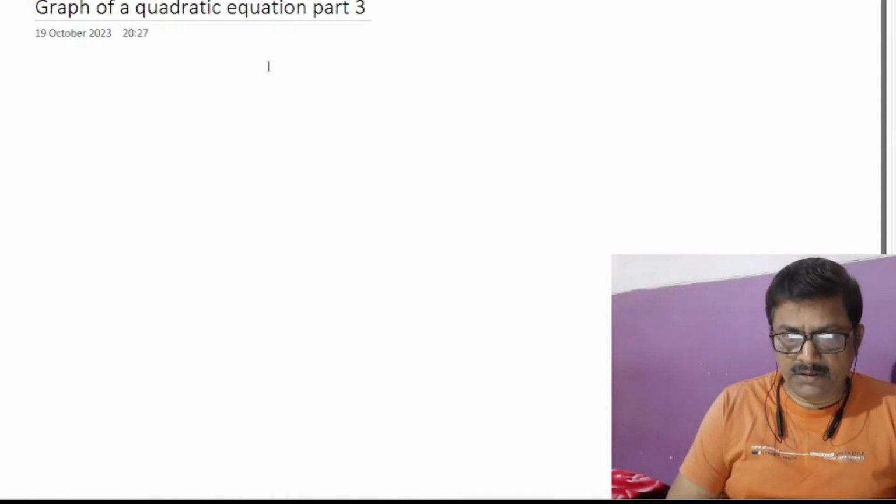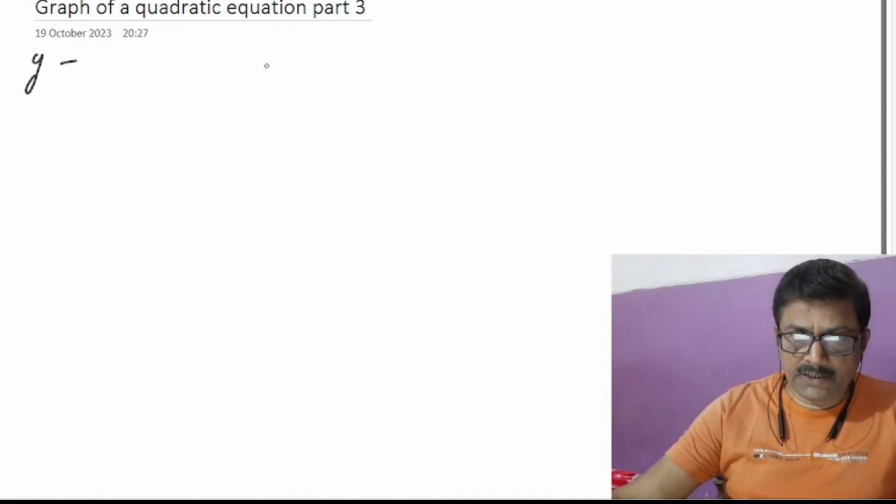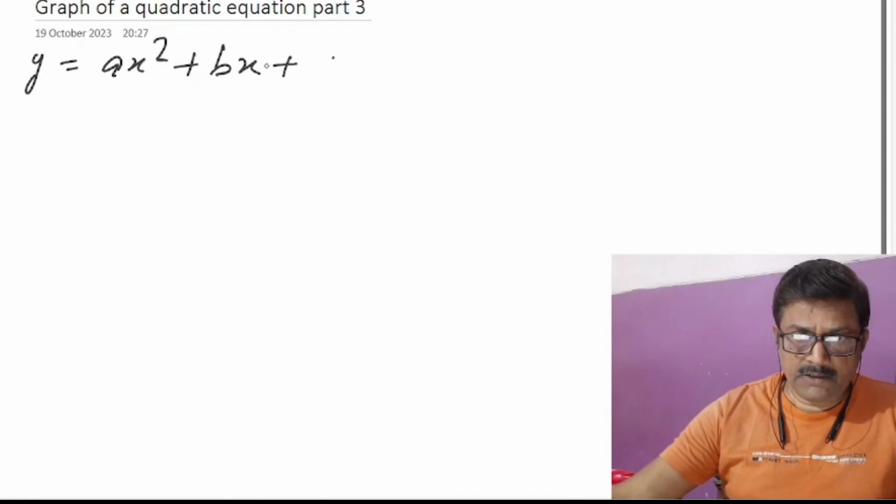Now I am going further. So this is our quadratic expression, y equals ax square plus bx plus c. We know the discriminant will be b square minus 4ac.